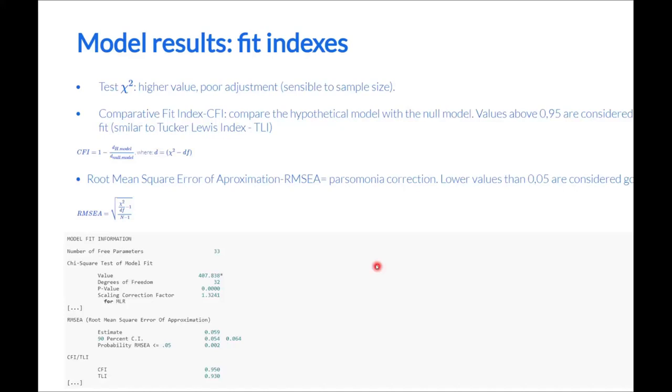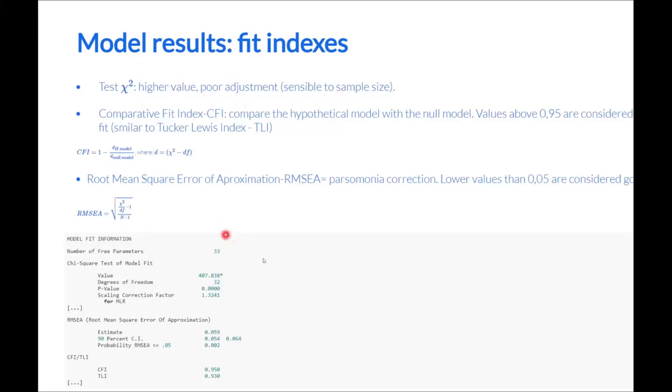What about the evaluation of the model? Here we have to observe the output file in Mplus, where we will have a lot of information about the fit indexes. The most important elements are three: the chi-square test of model fit, in which a high value means poor adjustment.